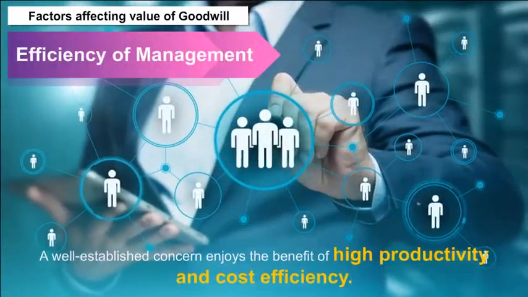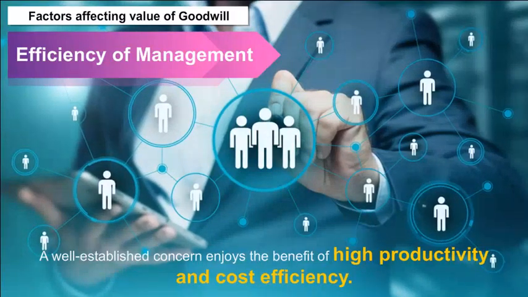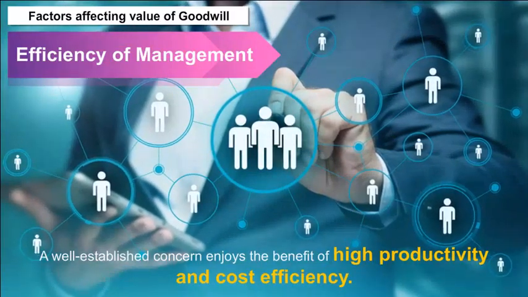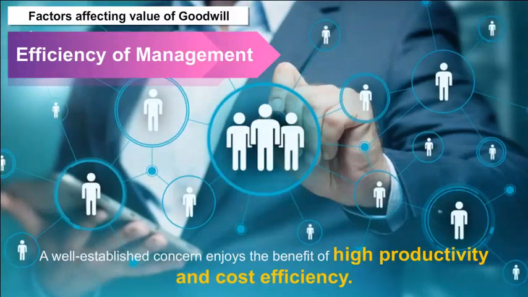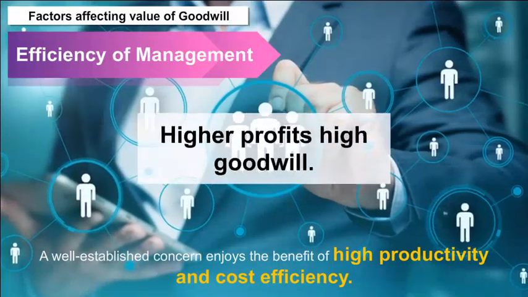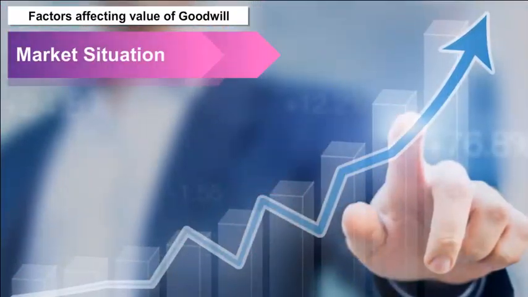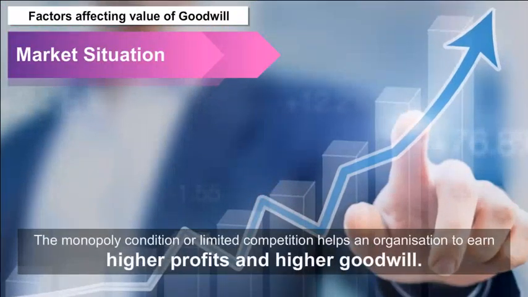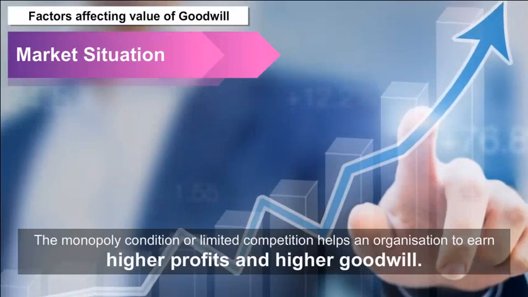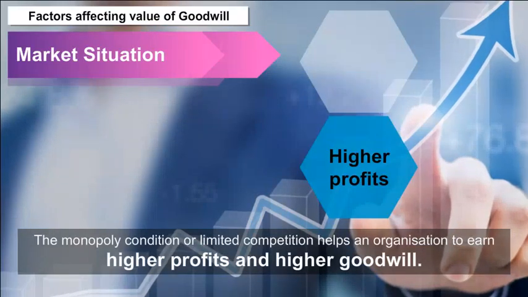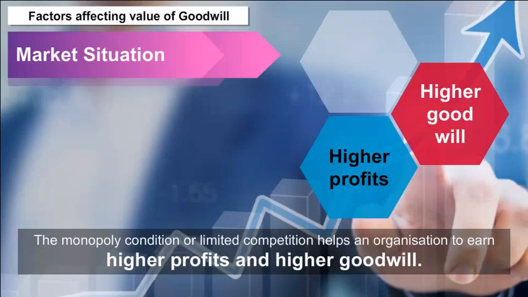Efficiency in management. A well-established concern enjoys the benefit of high productivity and cost efficiency. This leads to higher profits, high goodwill. Market situation. The monopoly condition or limited competition helps an organization to earn higher profits and higher goodwill.